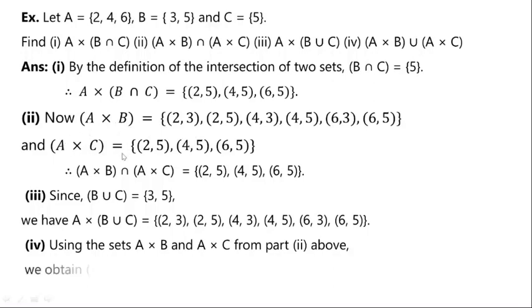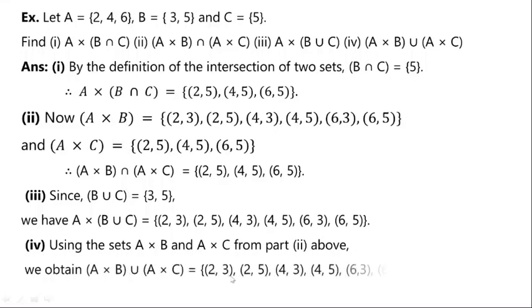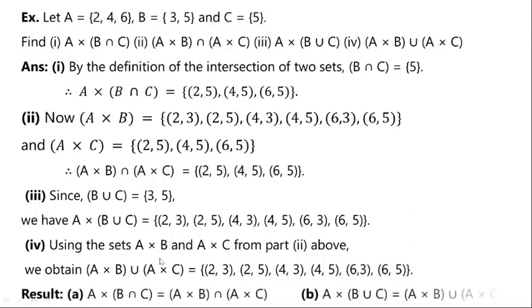The ordered pairs (2, 3), (2, 5), (4, 3), (4, 5), (6, 3) and (6, 5). So here is our result. A cross (B intersection C) is equal to (A cross B) intersection (A cross C). Next, the second result: A cross (B union C) is equal to (A cross B) union (A cross C).